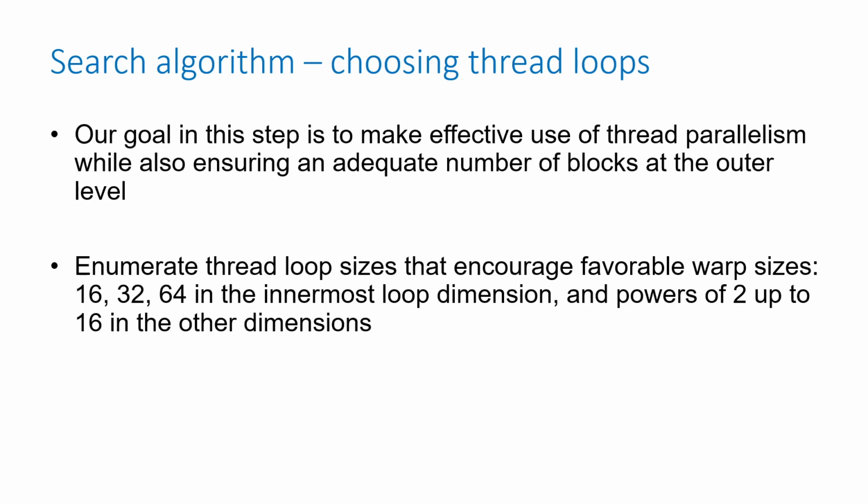For the thread loops, you have to strike a balance between having an adequate number of threads, but also without affecting the block level. And the sizes that you use for this loop level should be compatible with the warp sizes. They use 16, 32, 64, and powers of 2 up to 16 for the other dimensions.